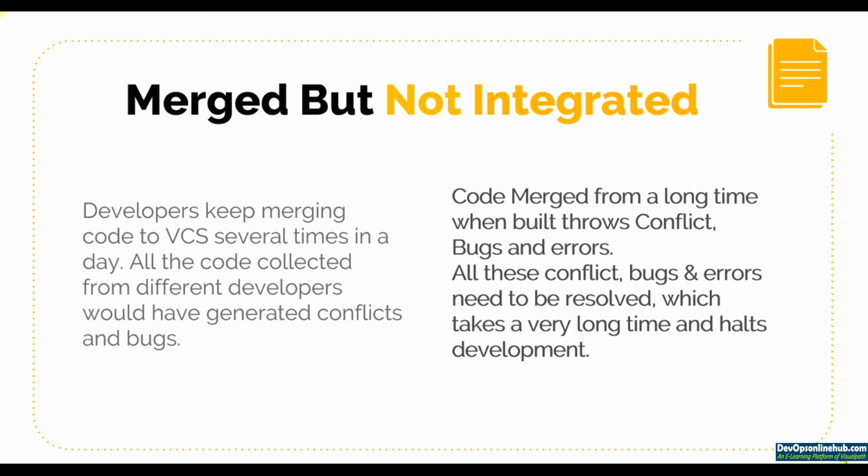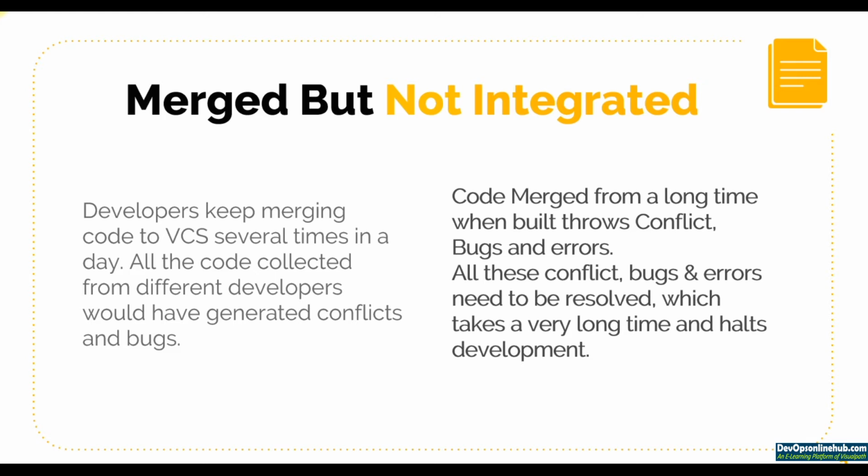Yeah, I know. And I'll explain the difference. Merged we have seen: when we push, our code gets merged to the remote repository. When we pull, it gets merged in our local repository. That's merging. We are bringing all the code together.